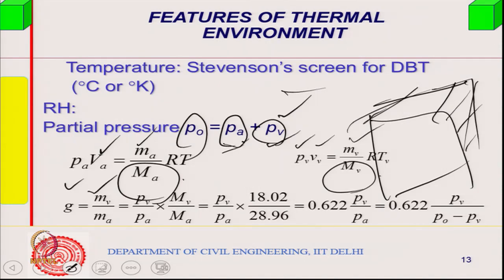From this it follows, the mass of the vapor divided by the mass of the air. Only thing is, Va and Vb will be the same because we are talking of the same volume. So these are the same, R is the same, temperature is the same. The only things that are different are Mb and P.